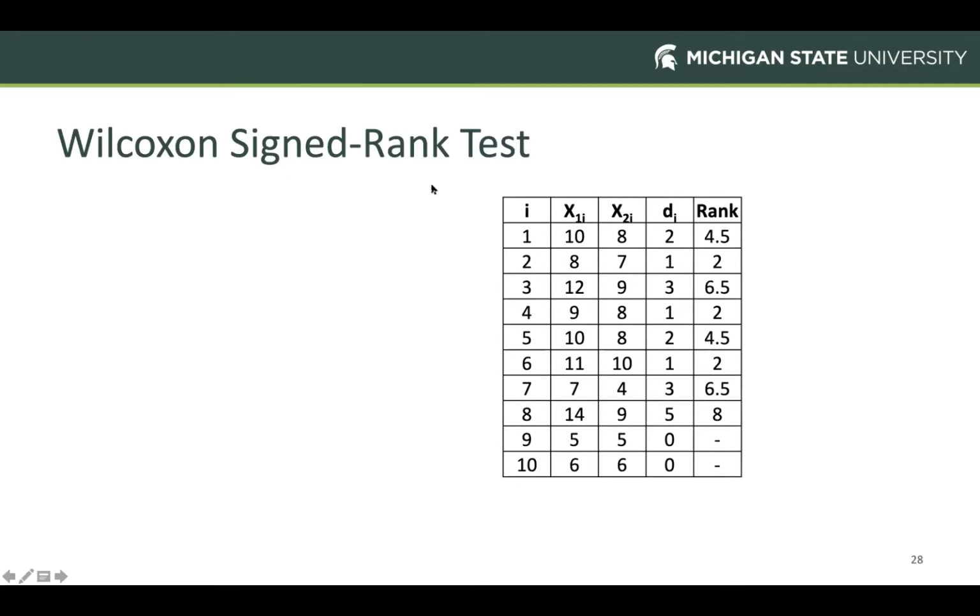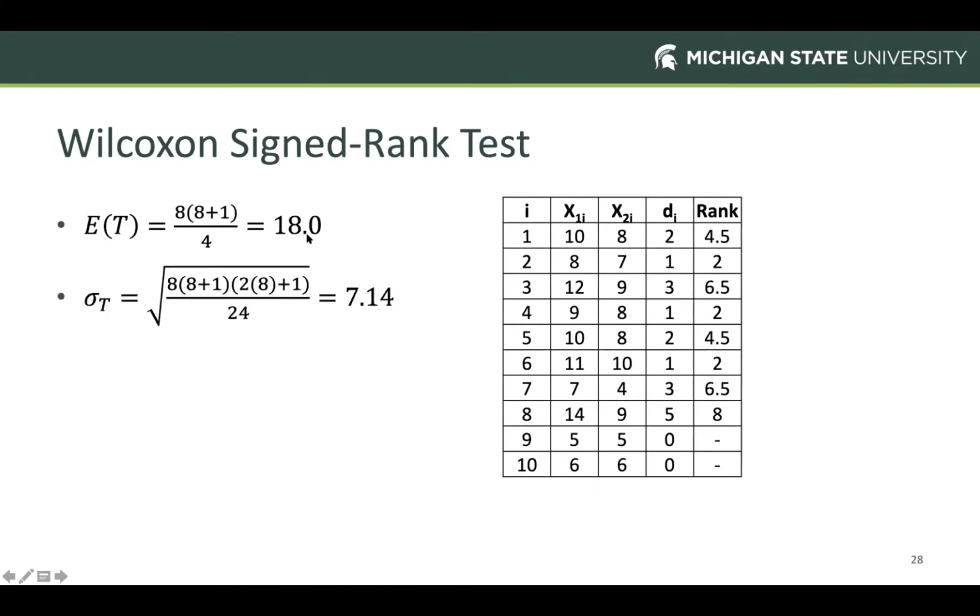And so we'll take those ranks and we'll translate that to calculate our t statistics here. And so our expected value of t would be 18 in the event the null were true. The standard deviation of that quantity would be 7.14. And in this case, interestingly, again, we had all positive differences here, no negative differences. And so that sum is 36, which is significantly larger than that expected value.